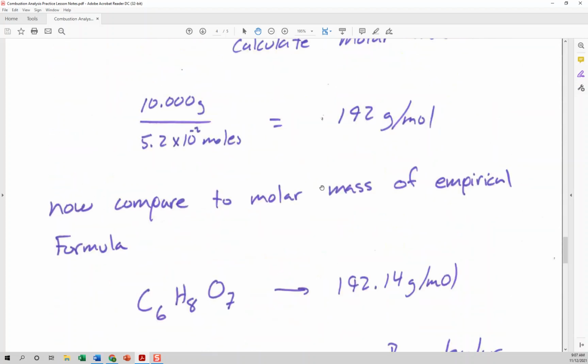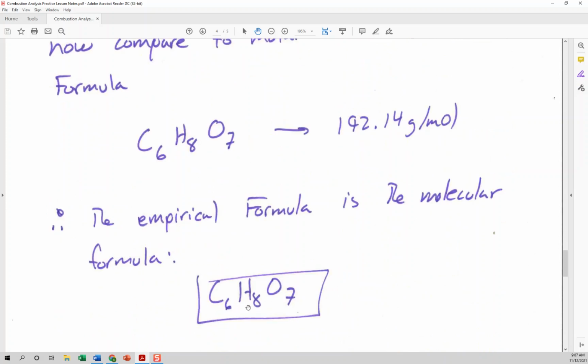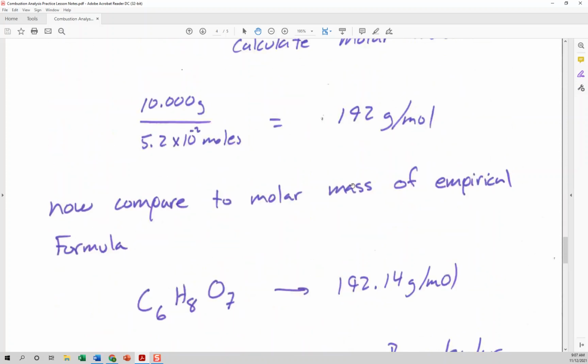So what you would do is take the molar mass of the compound divided by the molar mass of the empirical formula, and that should come out to be a whole number. In this case, it comes out to be 192 divided by 192. So you would multiply your subscripts by 1, and you get the molecular formula. But if they were different, hopefully when you divide, you get a whole number.